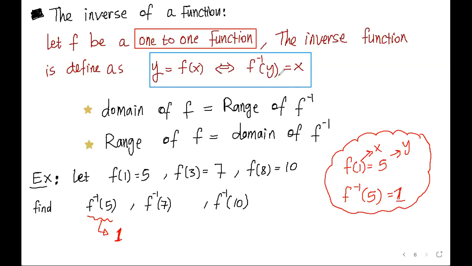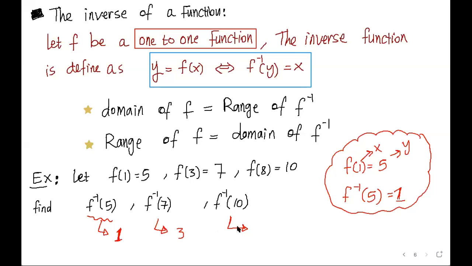Just applying this formula. Now for the second one, f inverse of 7, it would be 3. By using the same idea, f of 3 is 7, which means f inverse of 7 is 3.